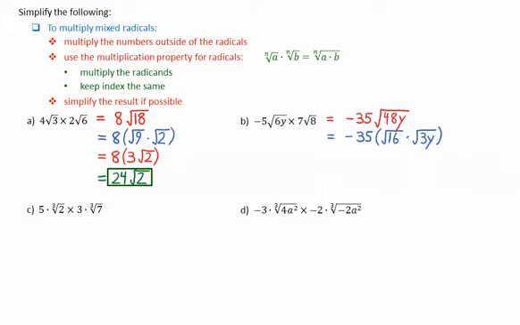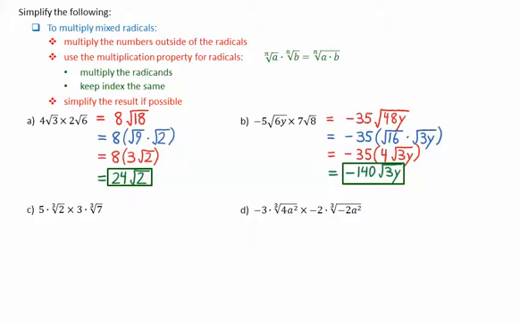We can express root 48y as root 16 times root 3y. That root 16 then is 4, giving us negative 35 times 4 root 3y. We can then multiply negative 35 times 4, giving us negative 140 times the square root of 3y.